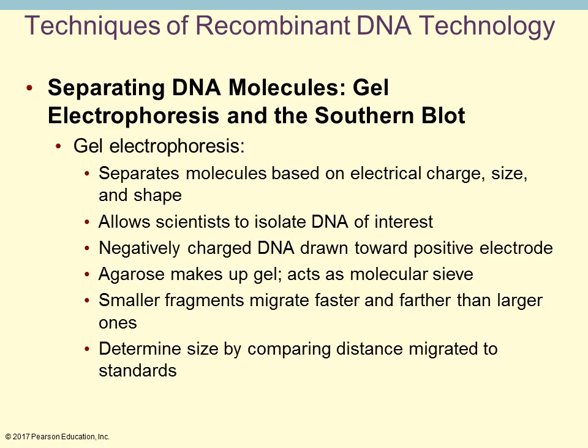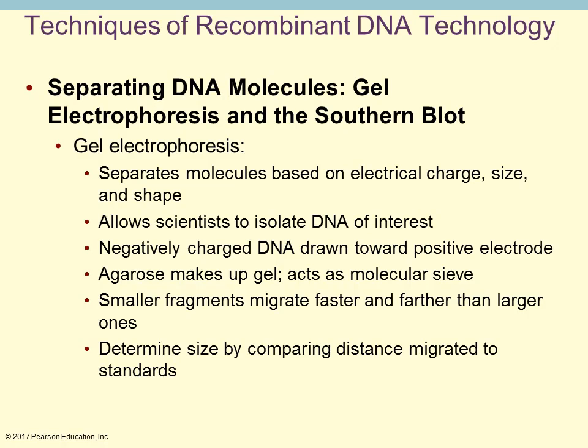What you do, you would take the DNA, you cut it up into those pieces, you run it on an electrophoresis gel. It's going to separate all those DNA pieces based on the size, the shape, and the electrical charge of it. You make this gel, its consistency almost kind of like Jell-O. You add your samples at one end of the gel, and then you hook it up to an electrical current.